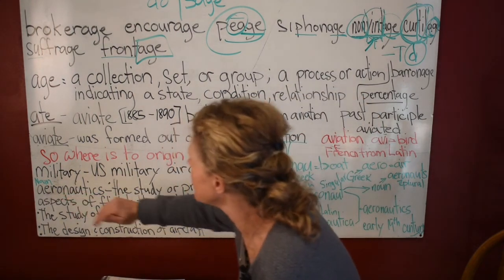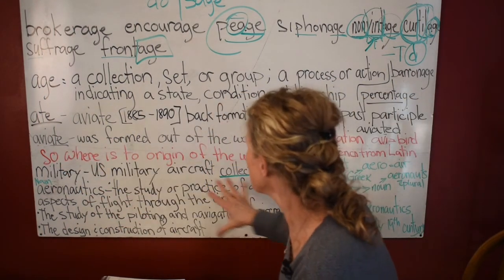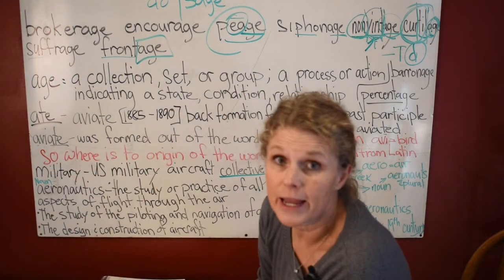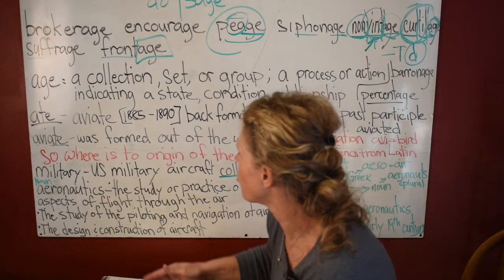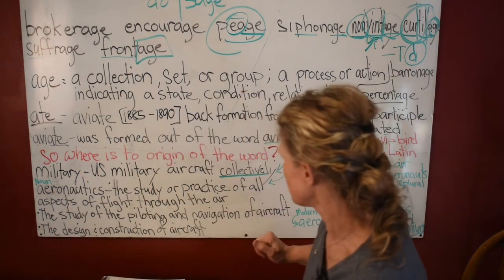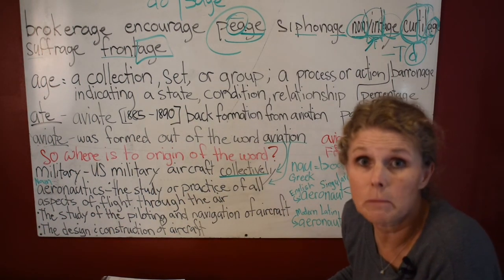So if you understand aeronautics, aviation, or aviate, you're going to truly understand this word in general. We're parsing the word. So now aeronautics, well, what does that mean? Let's break that word apart and parse it.